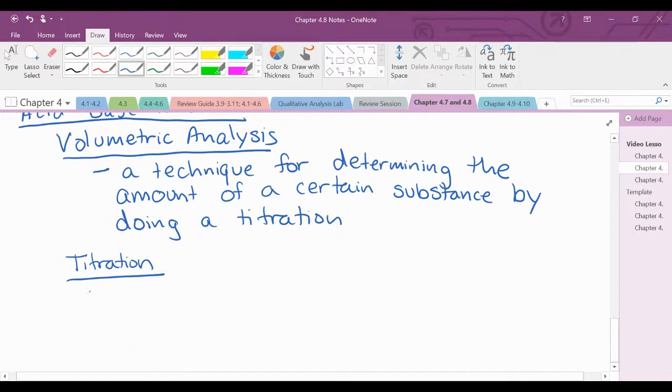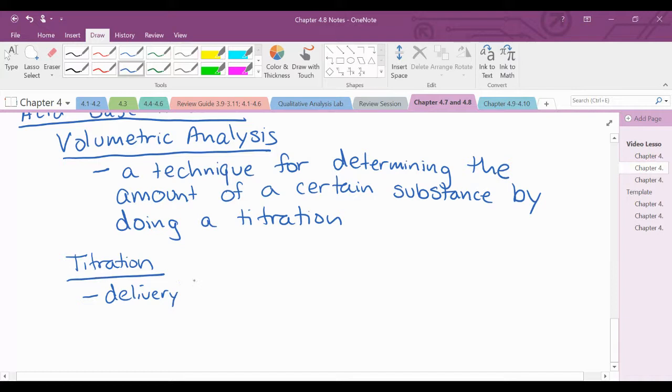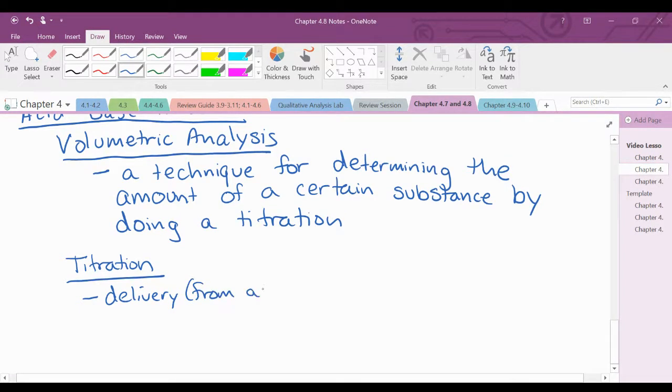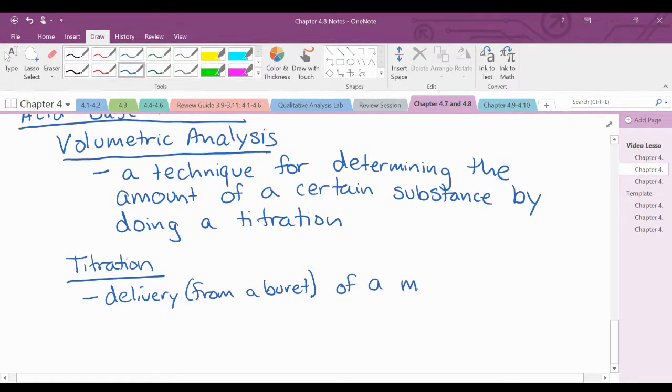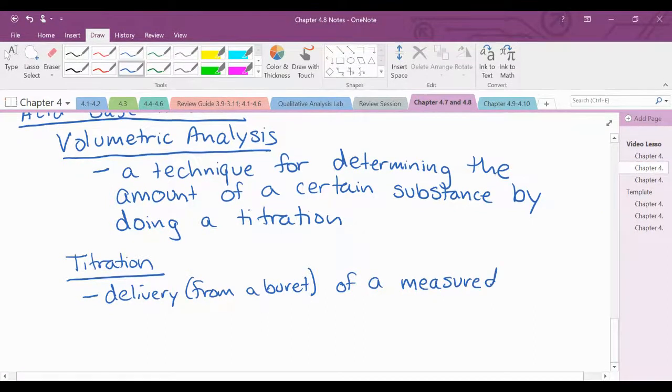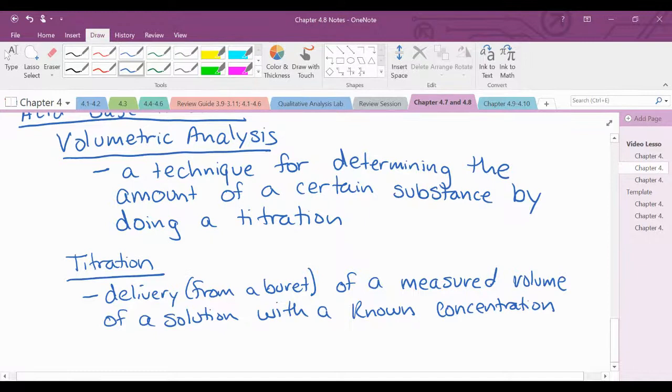And so a titration is delivery from a burette of a measured volume with a known concentration.